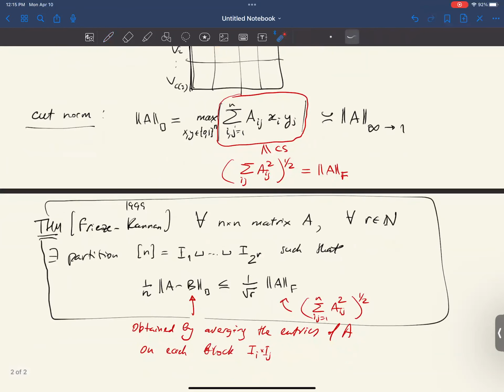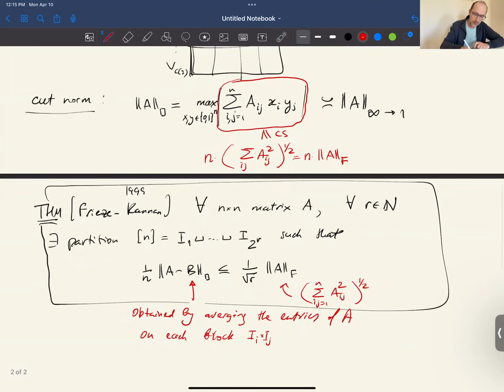I think it's multiplied by n or square root of n or something like that. The cut norm is not bounded by the Hilbert-Schmidt norm. Oh yeah, you're right. I forgot the x_i y_j. It should be n. Let's do it properly. Yes, n is good.